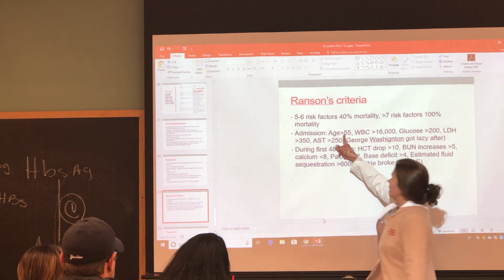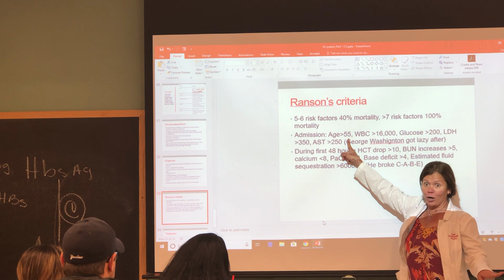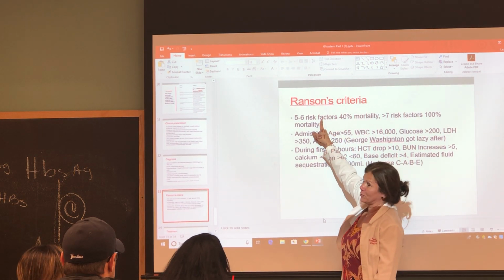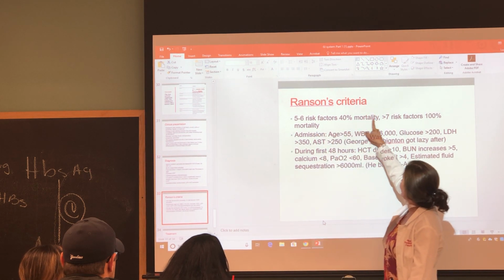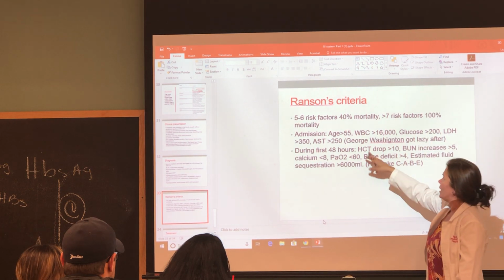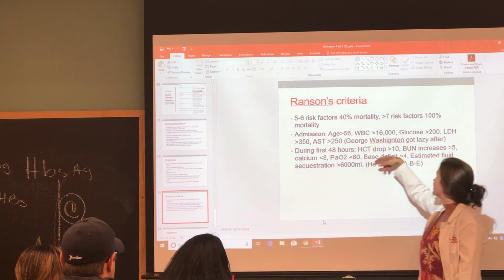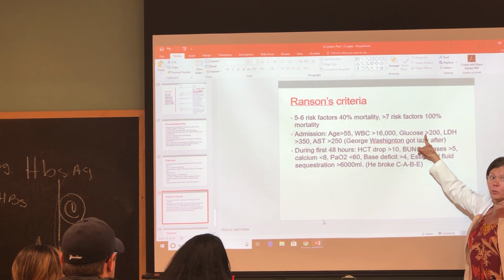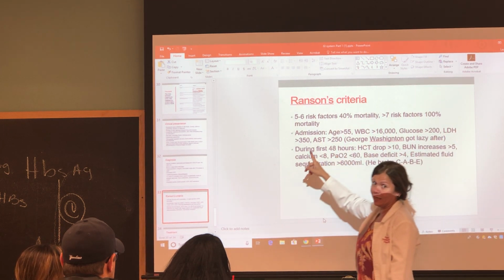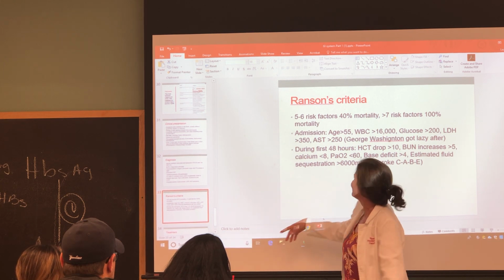So, if you're more than 55 years of age, to start, that will be a point, right? Look at the risk factors. The higher the number, the higher the mortality, okay? If your WBC is more than 16,000, you give another point. Glucose, if it's more than 200, you give another point. LDH, lactate dehydrogenase, if it's elevated, that means you're not going the right route, right?